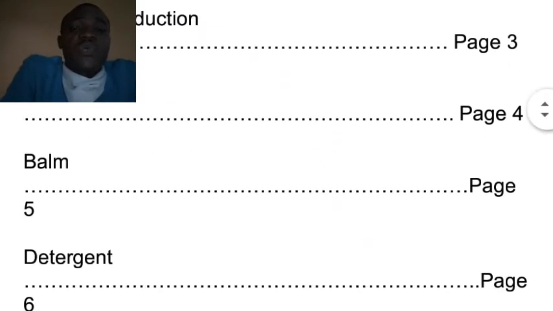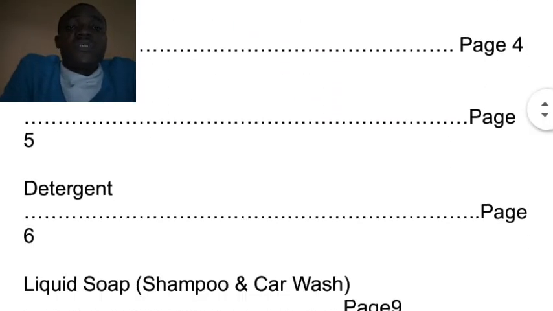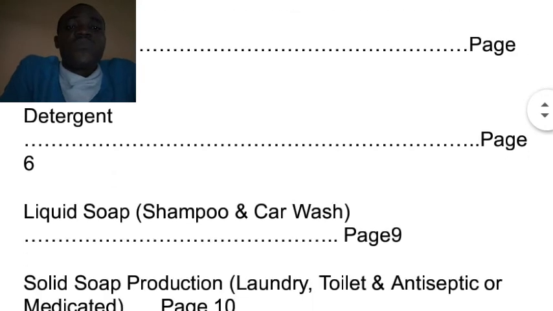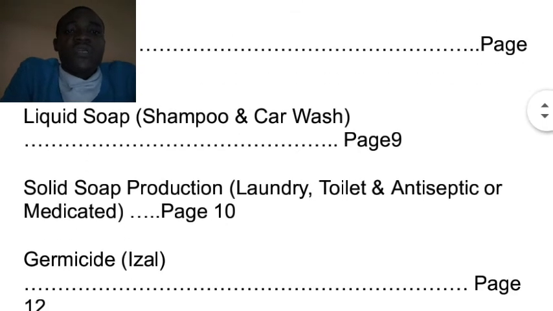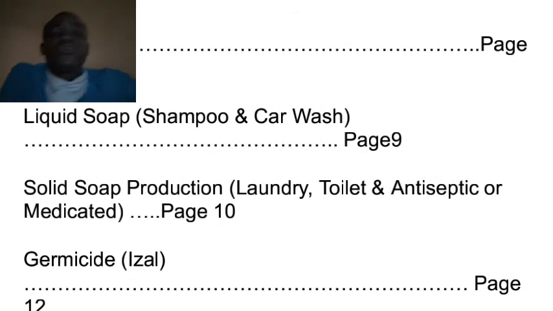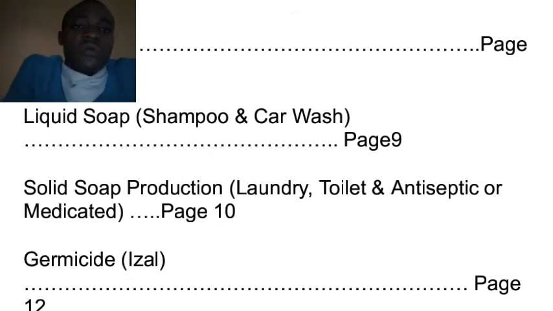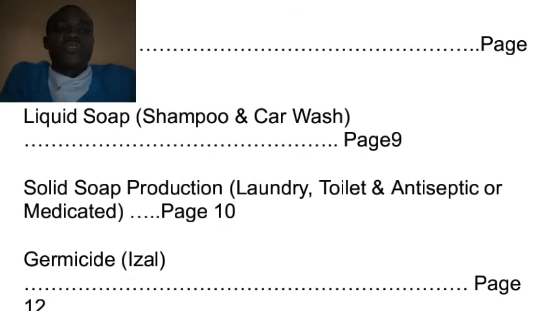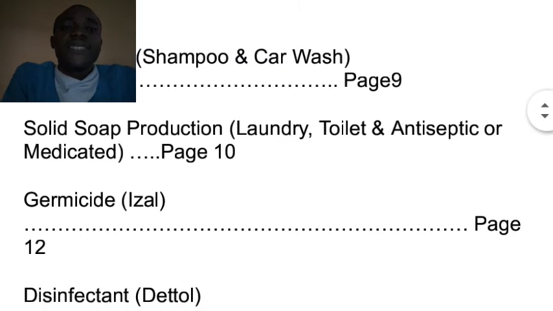The next one is balm, detergent, liquid soap. Under liquid soap you will see shampoo and car wash. Then you see how to produce solid soap, that is laundry, toilet, antiseptic or medicated soap.